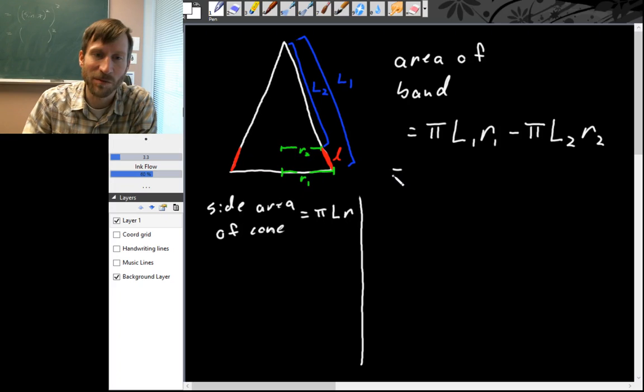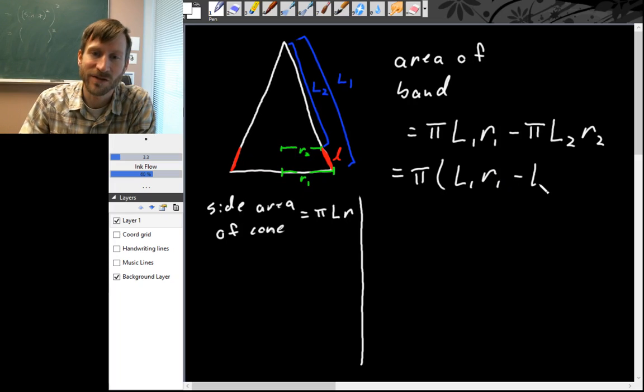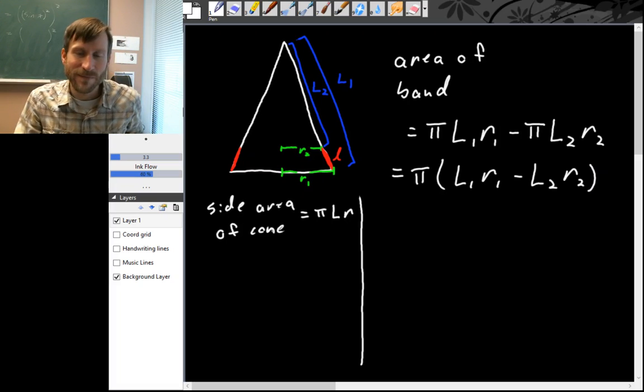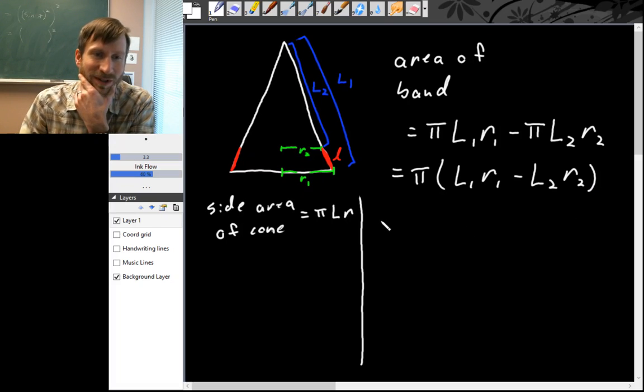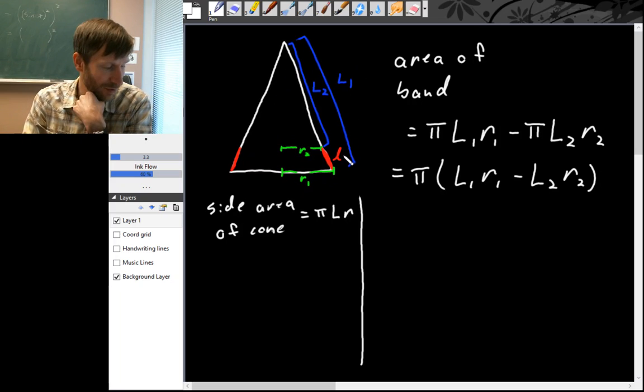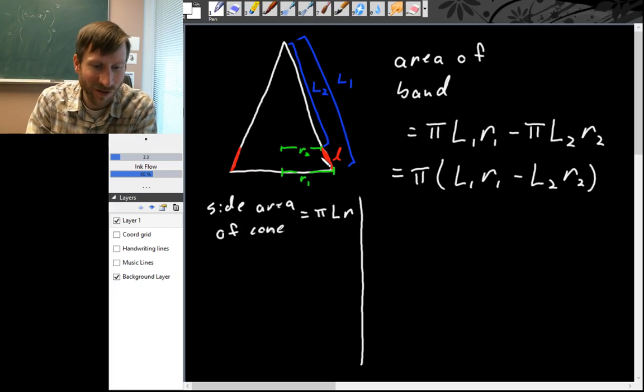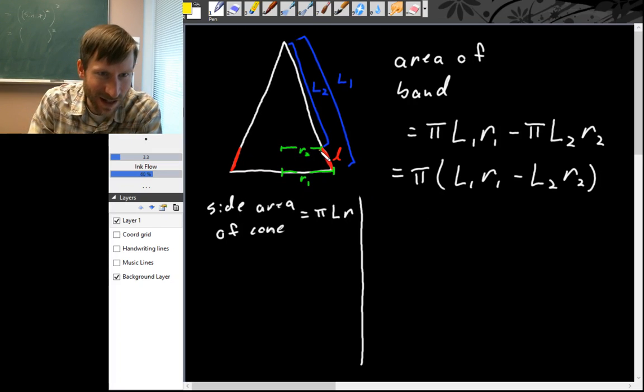Okay, so let's start out by factoring out the pi. We get L1 times R1 minus L2 times R2. And to make use of all of the relationships in this triangle that we're seeing, you see there's a very small triangle right in here.